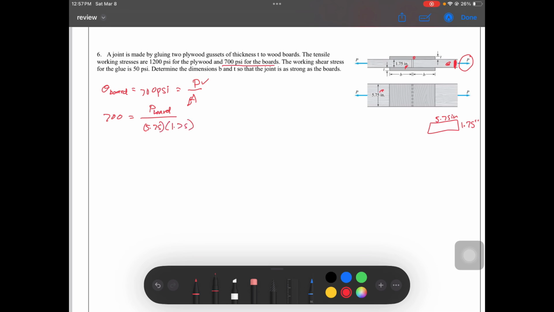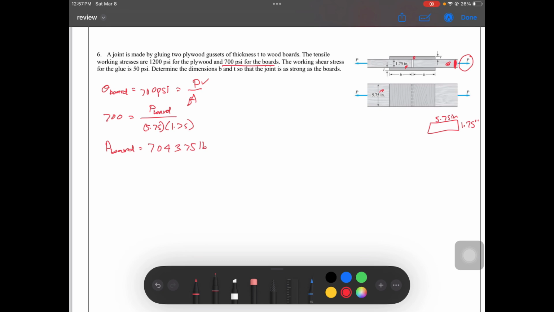So, units are uniform, psi to, inches yung dalawa. So, our P na kaya ng board is 7043.75 pounds.